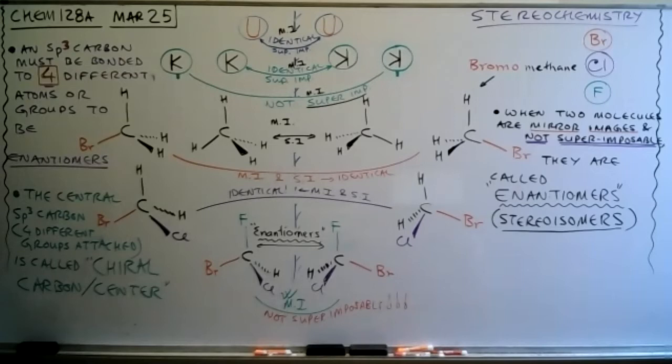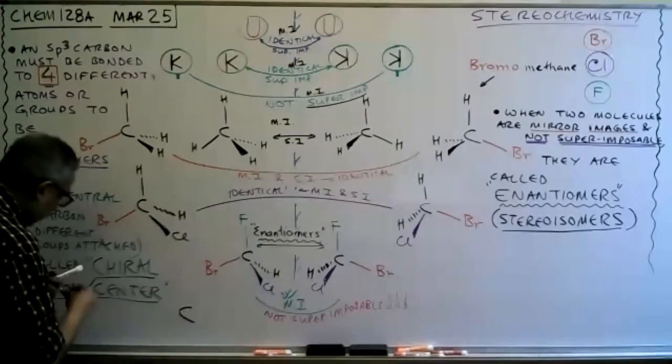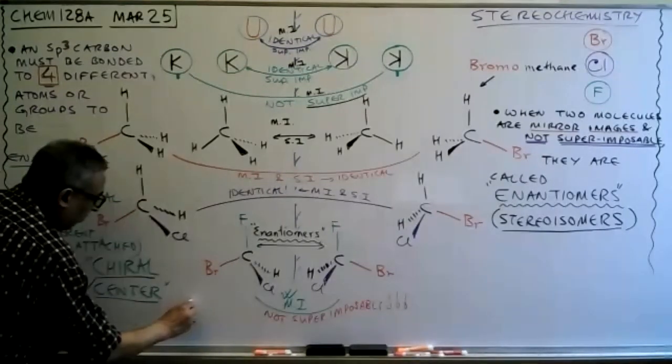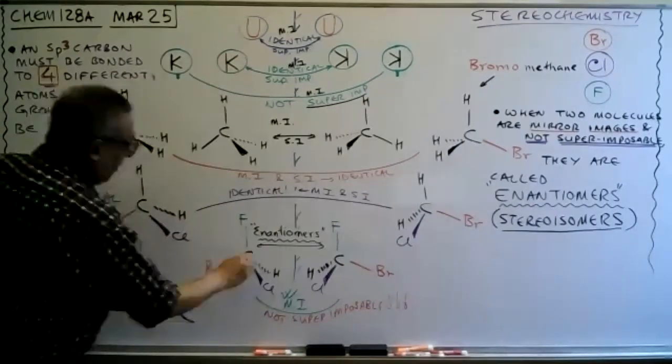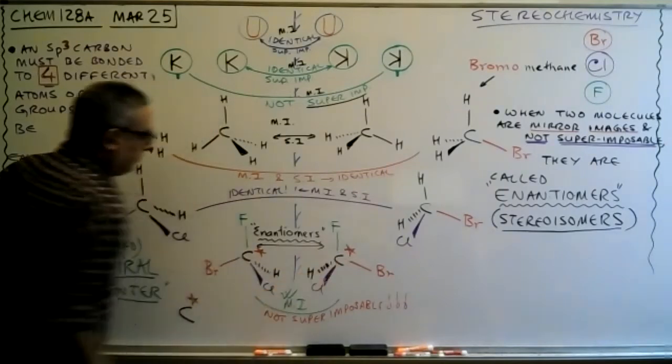This is an important deal. The central carbon is called chiral carbon or chiral center, and it's often written with an asterisk. So that central carbon will get an asterisk, like a star. So we put a little star here, the chiral carbon.